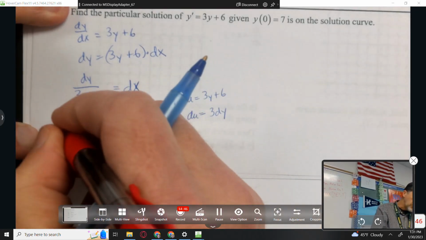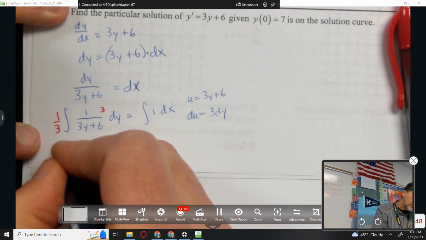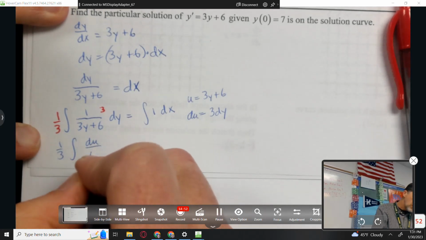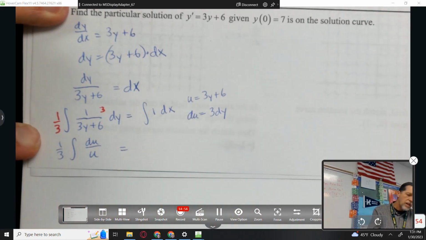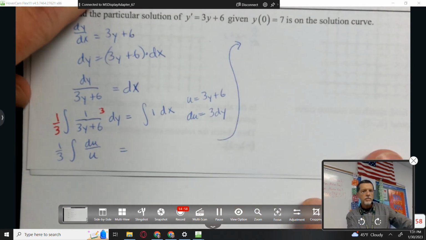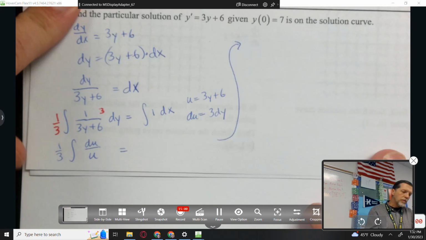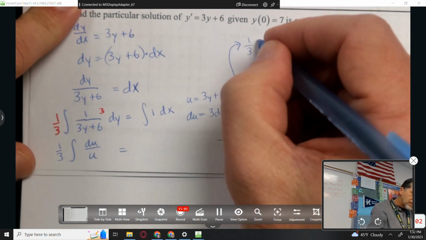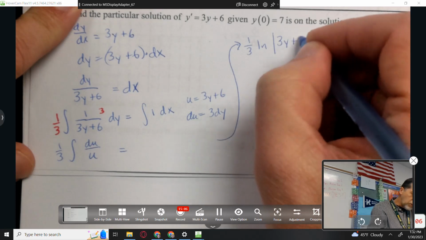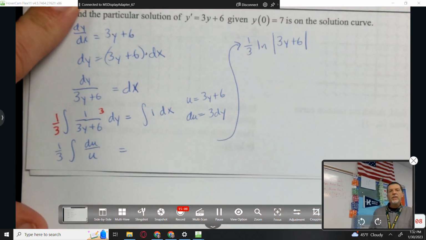So I need a 3 and a 1/3. And the integral of du over u, natural log of u. This time I'm going to remember to put it back in there, 3y plus 6.